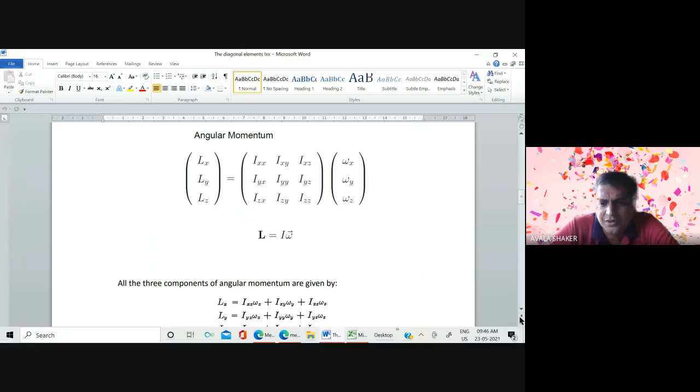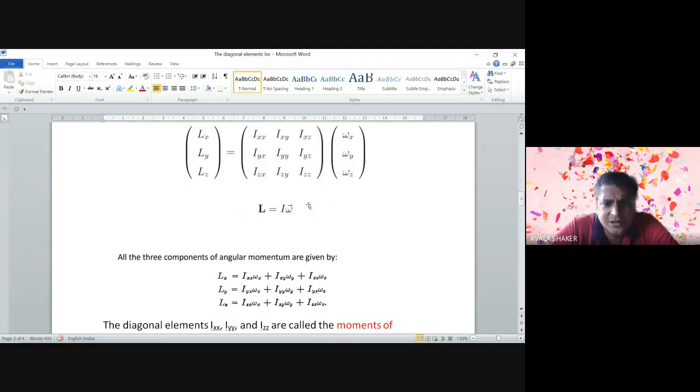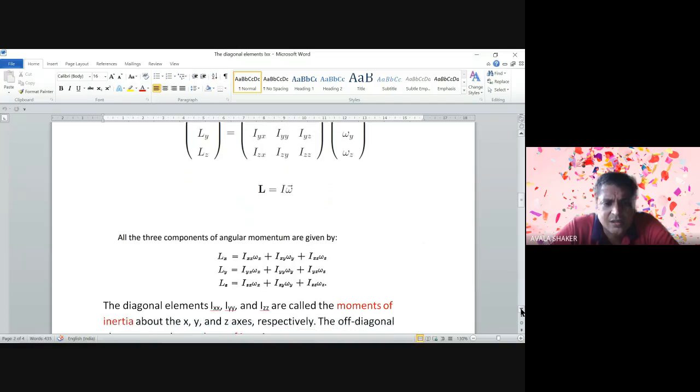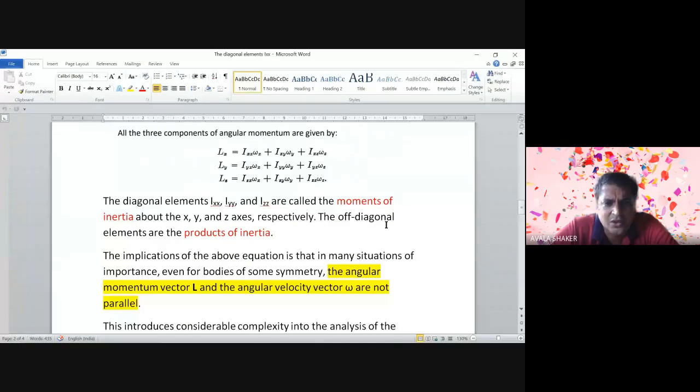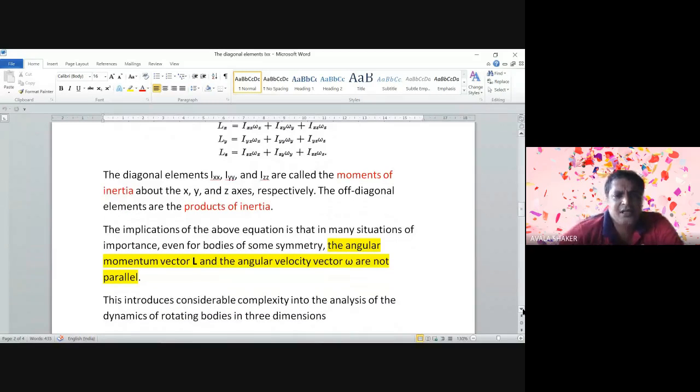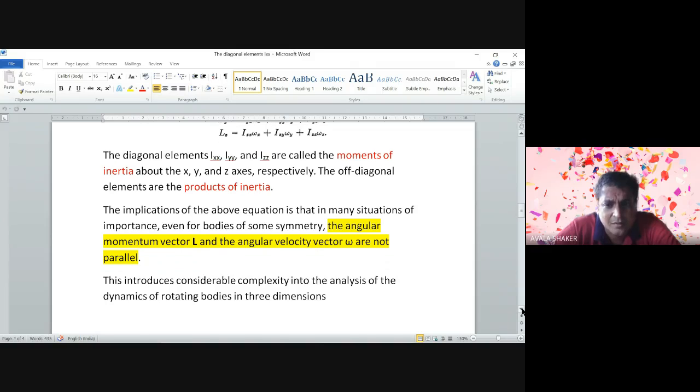So now with the components here, these are all the three components. The diagonal elements are called the moments of inertia, and the off-diagonal elements are the products of inertia. The implication of the above equation is that in many situations of importance, even for bodies with symmetry, the angular momentum L and the angular velocity vector are not parallel. So our job is to make them symmetric.